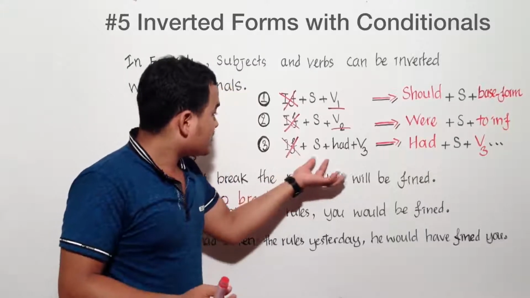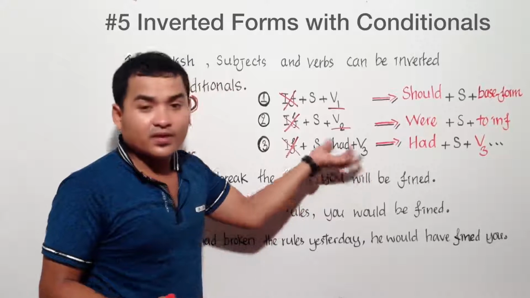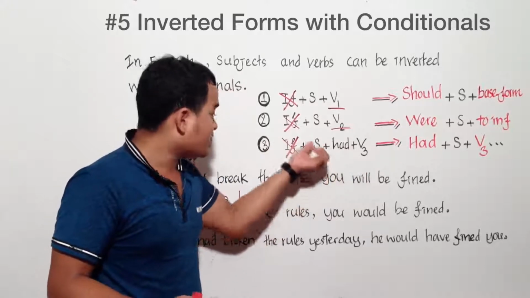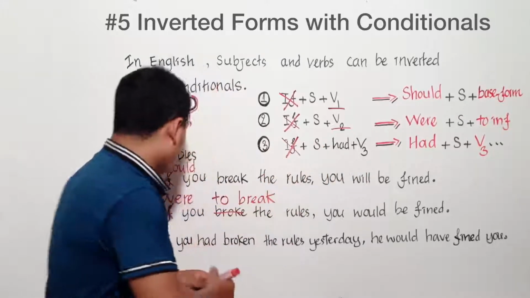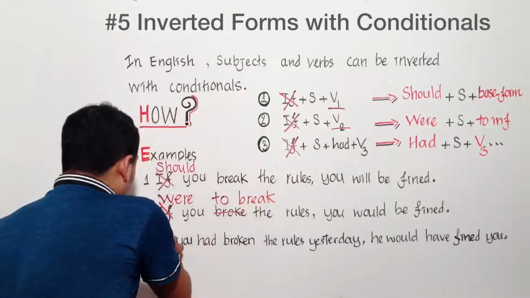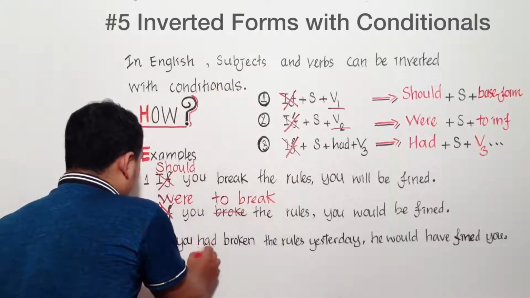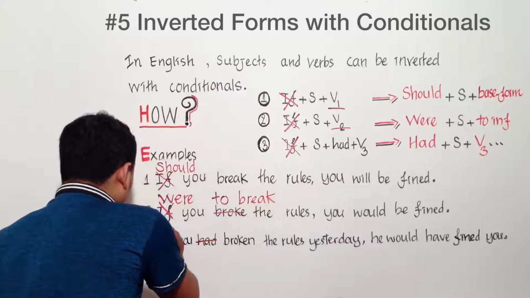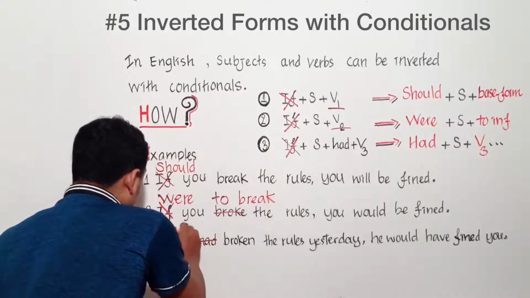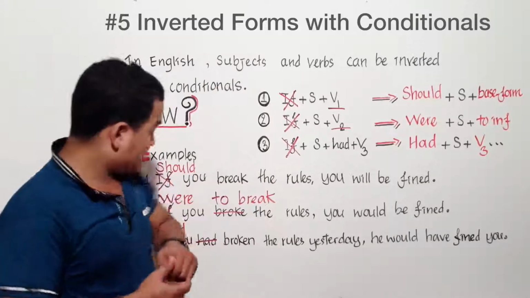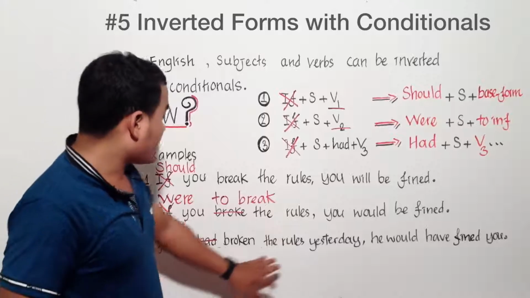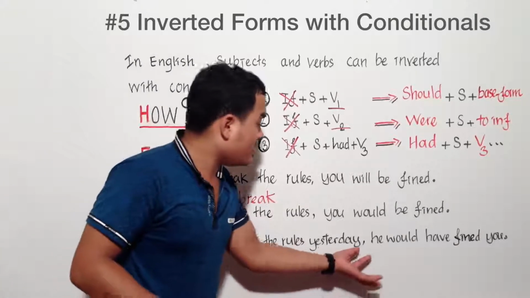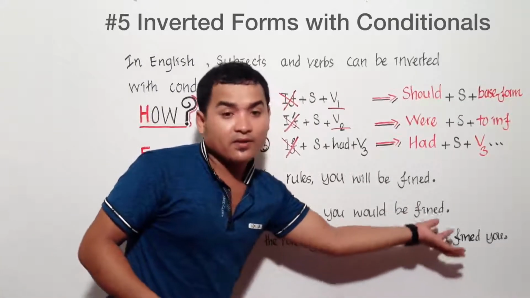You just swap the position of had into the front of the subject, then you have to remove if. Alright, so here we remove if, and then we swap the position of had into the front of the subject. So you will get, had you broken the rules yesterday, he would have fined you.